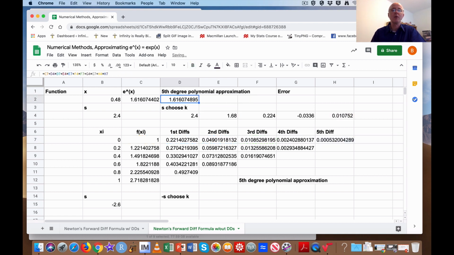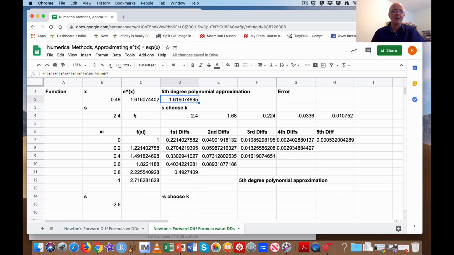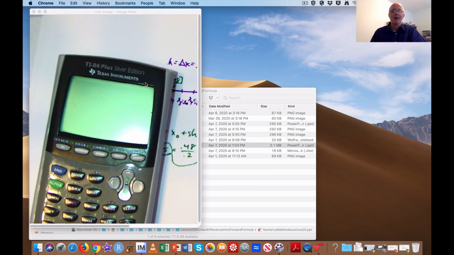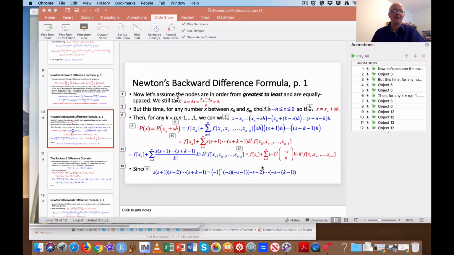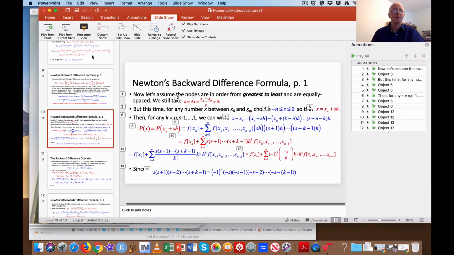There we go, 1.616075, approximately the same number as this, okay, with the same error. All right, it's easy to make mistakes there. I got it right. Let's now go on and look at the backwards difference formula right here.